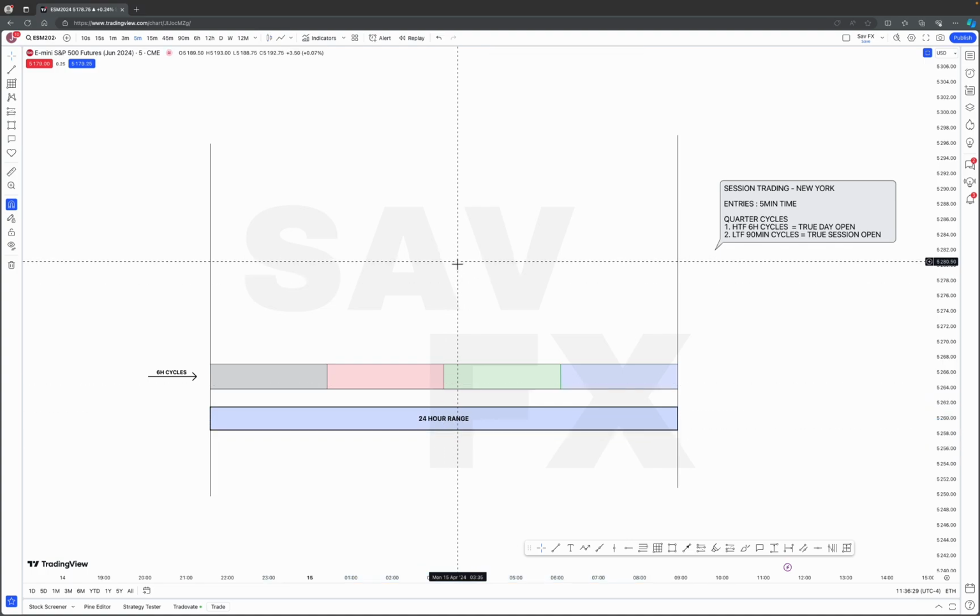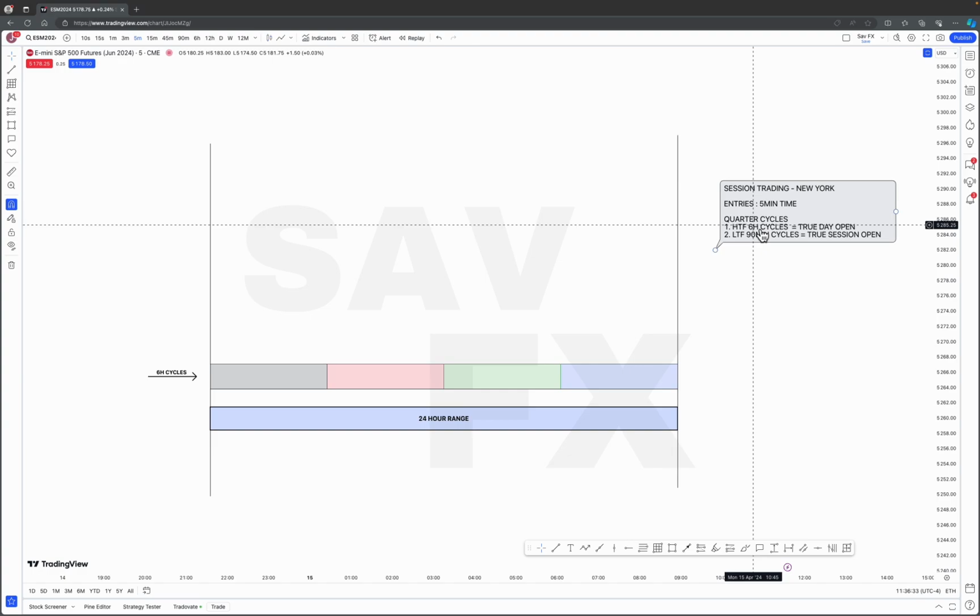So 6 hours is your higher time frame. Let's say you're looking for shorts, lower prices, it's going to be vice versa for higher prices.